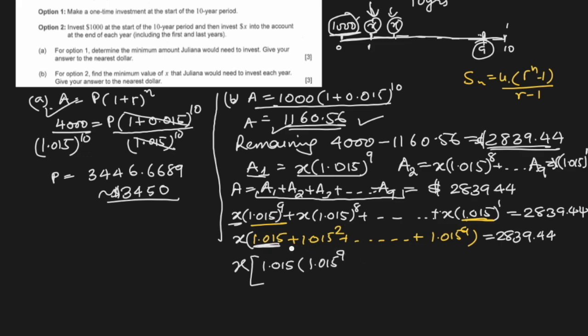And how many terms are there in total? 9. So r to the power 9 minus 1 over 1.015 minus 1, equal to 2839.44. So let's find what it is equal to. It becomes X times, and if I put this whole thing in my calculator, I get 9.702721.